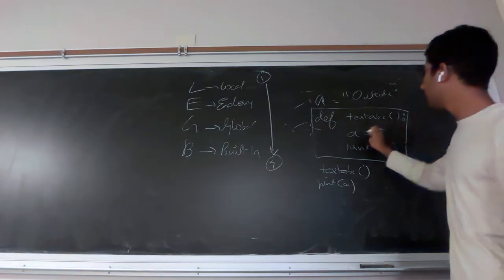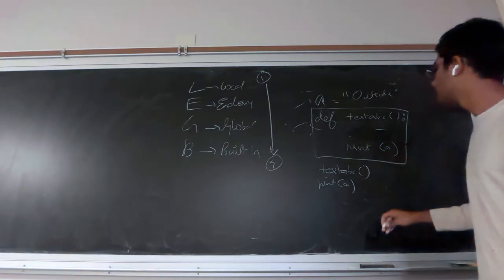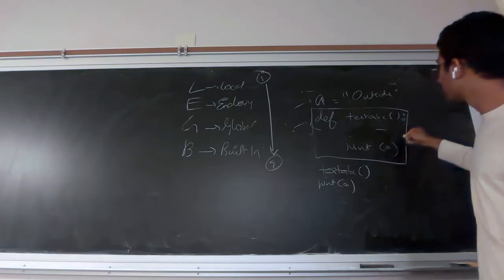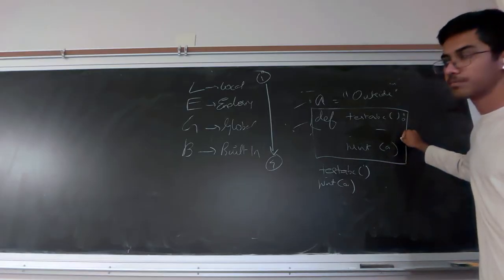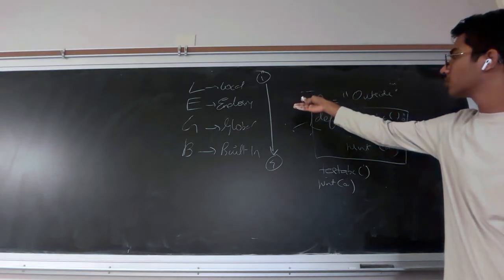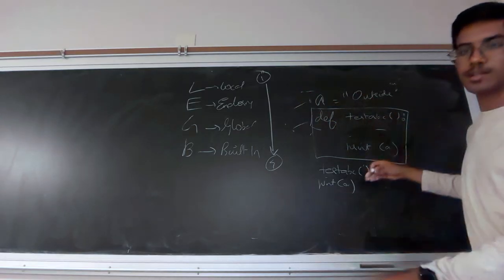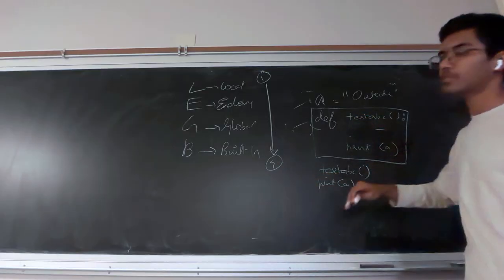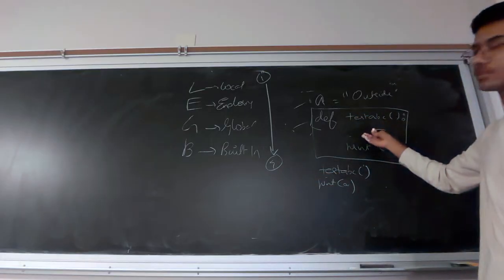But let's say I didn't have an A over here. Python will check the local environment, but there is no A over here. So then it will check the enclosing environment. If there were multiple nested functions, it would check that, but there are no nested functions here.